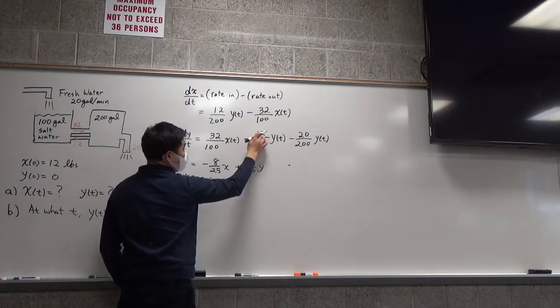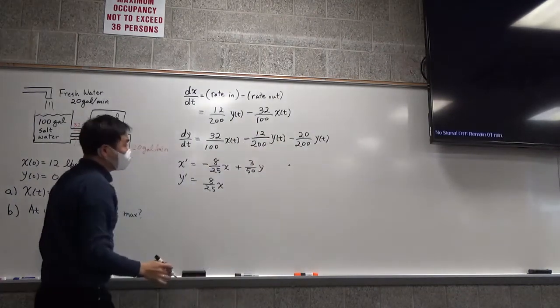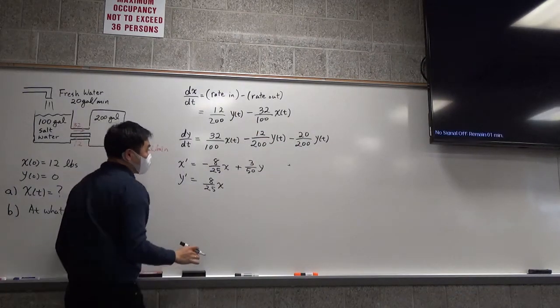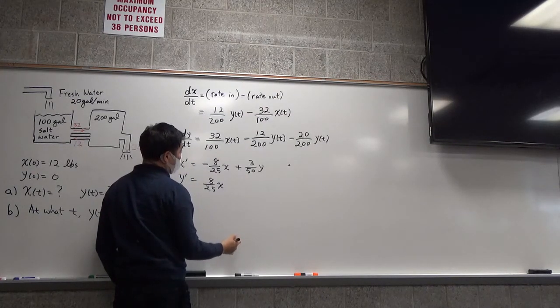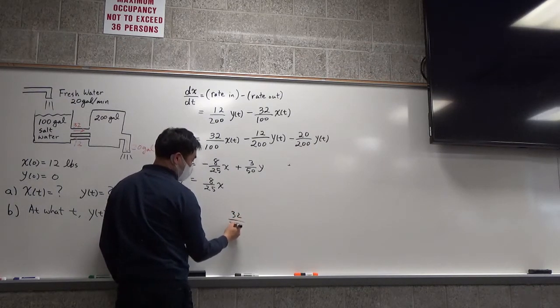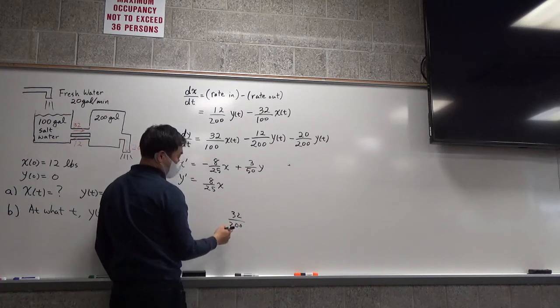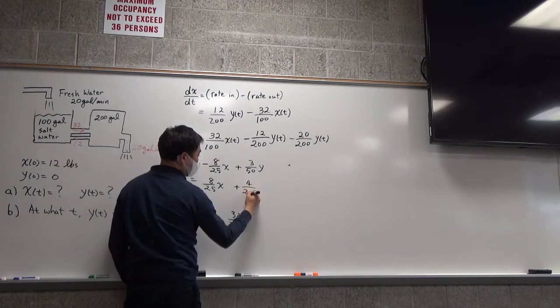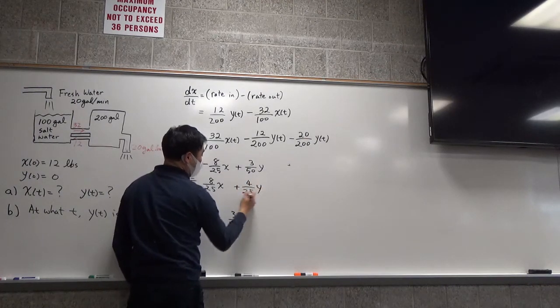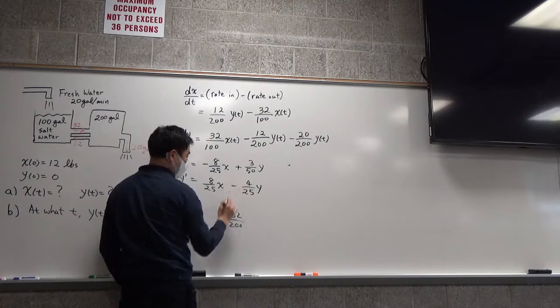And this is 12 plus 20 is 32. And 32 over 200 is, what's 32 over 200? 4 over 25. Oh, yeah. 4, 8, and 4 over 25, thank you. That would be minus. Oh, that would be a minus. Thank you.